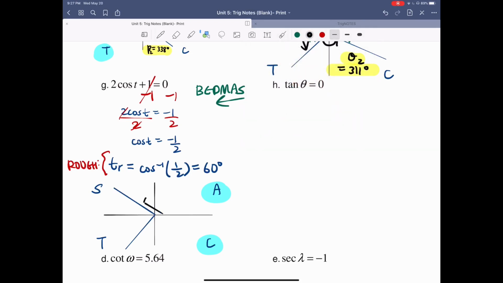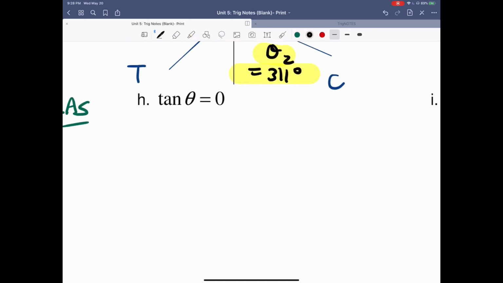My first principal angle, before I figure that out, let me put my acute angle so it's a lot easier to find my principal angles. And so my T1 is equal to, well, not 60 degrees, but 180 minus 60 degrees, which is equal to 120. And then T2 is equal to 180 plus 60, which is equal to 240 degrees.